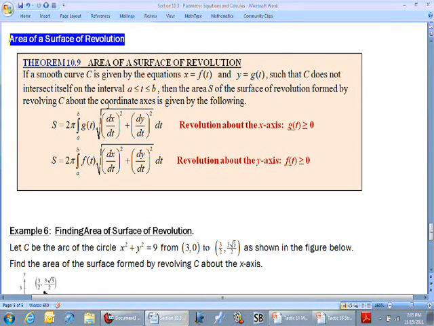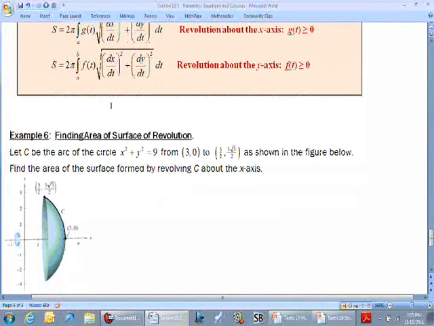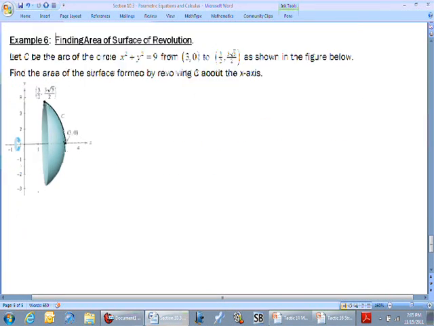So let's take a look at a specific example here, number 6, and let me get my pen ready to go. What we've got is C being the arc of the circle x squared plus y squared equal to 9. And we have that particular arc graphed from the coordinates (3, 0) to not so pretty of a coordinate, (3/2, 3 radical 3 over 2).